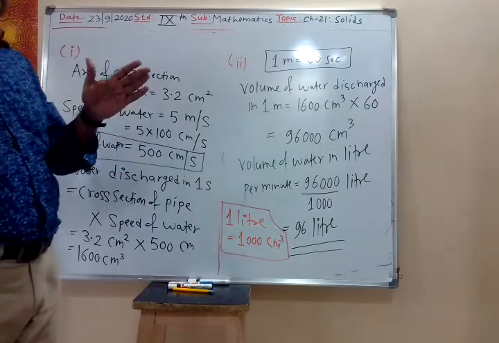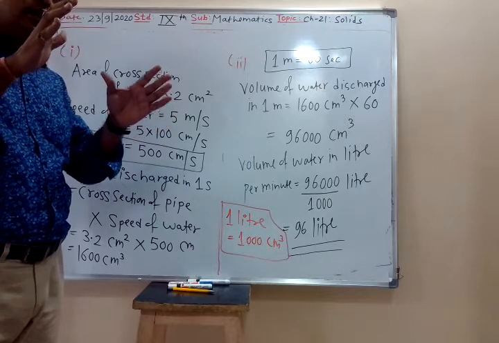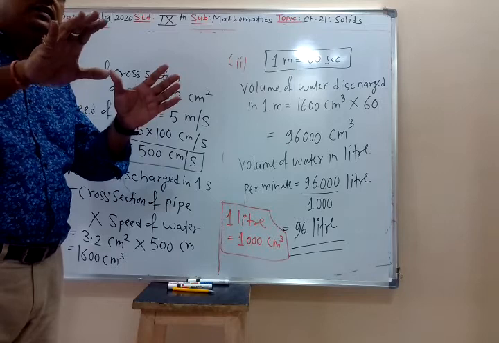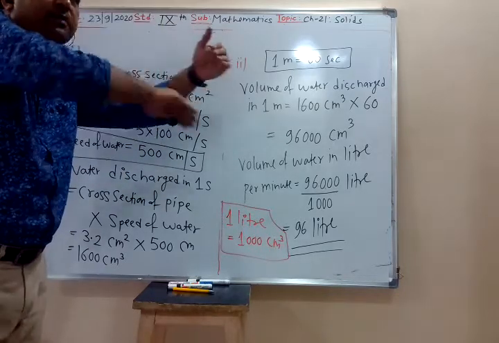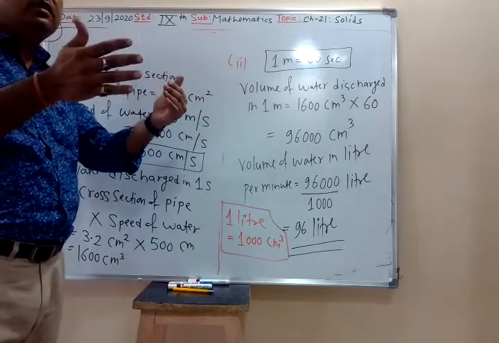So what was the basic idea in this? The volume of water discharged through the pipe is nothing but cross section area multiplied by the speed of the water. What is volume of water?